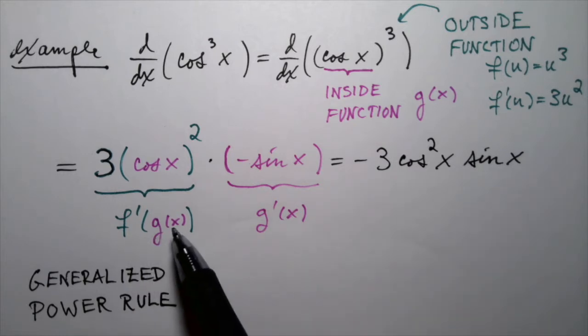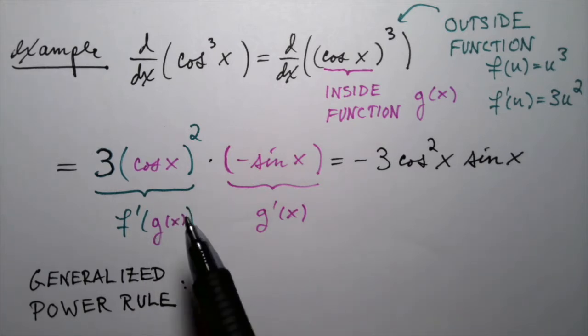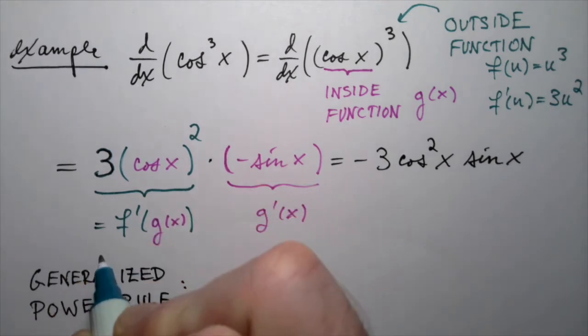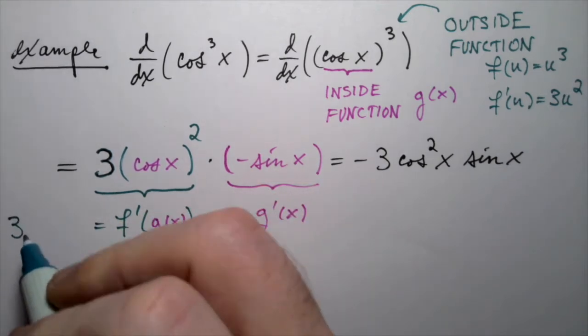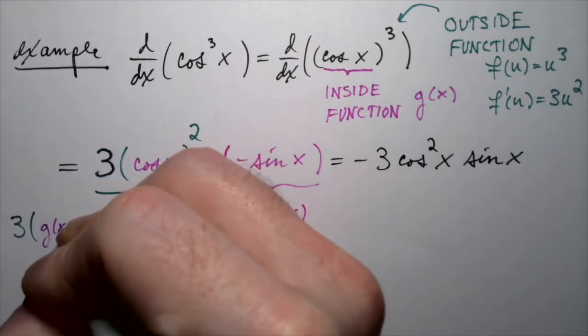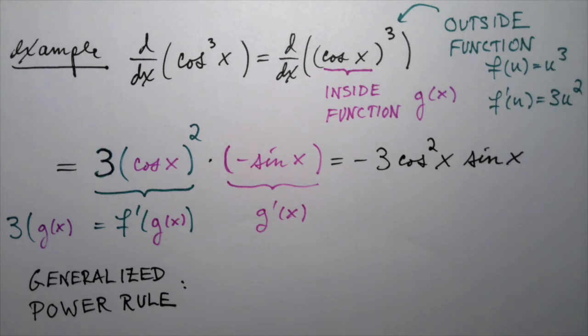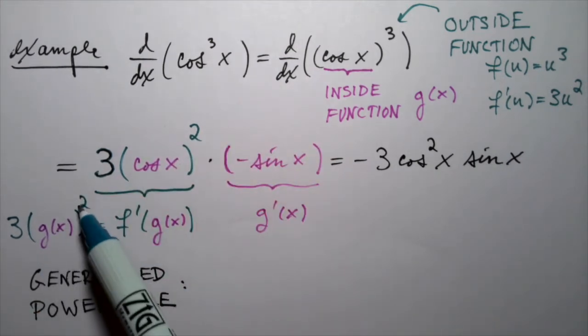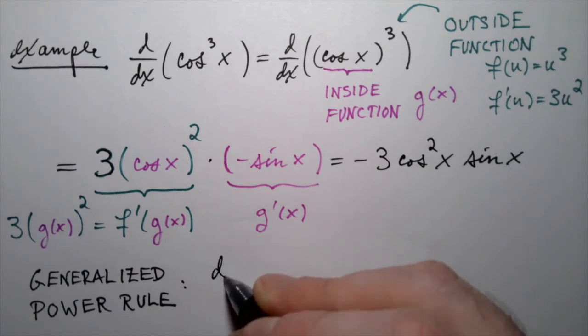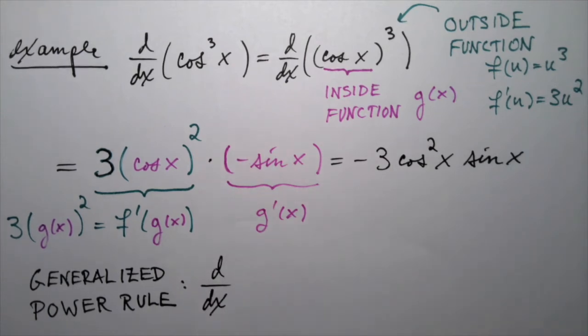Well, this f prime of g of x, let me write that over here actually, it was 3 times g of x squared, right? So it's sort of like just applying the power rule but leaving g of x alone. That's what that part of the chain rule means. So the generalized power rule is just the general pattern of doing that.